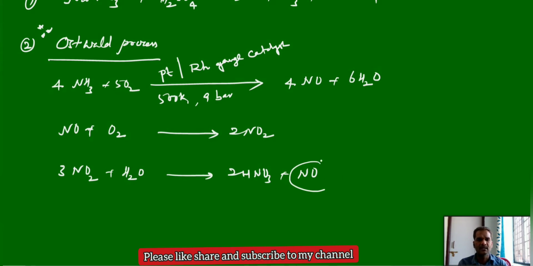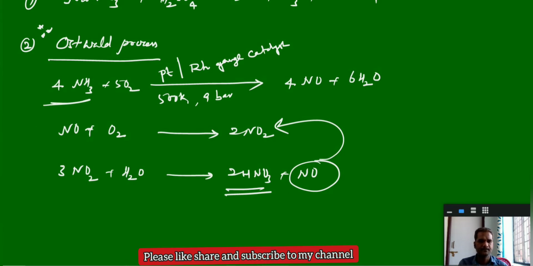Again, the nitric oxide liberated is a byproduct. This can be used for the second step to get the nitrogen dioxide. Again, that nitrogen dioxide can liberate again nitric oxide. That is a recycling process. You can use the nitric oxide, the byproduct formed here, again for the formation of nitric acid. Like this, in these 3 steps, we can get finally the nitric acid by using the starting material ammonia. It is called Ostwald process.